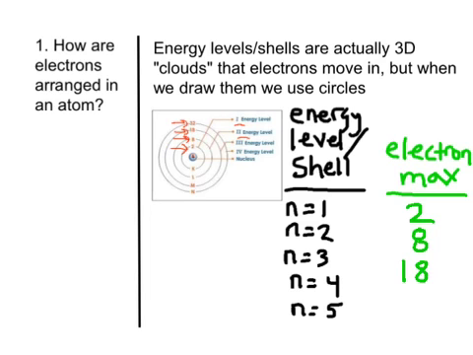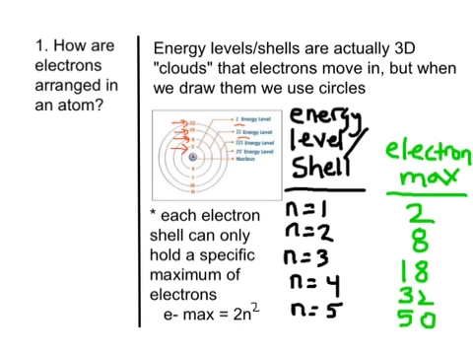And then the fourth can hold 32. And the fifth, or energy shell number 5, can hold up to 50 electrons. So we see as we get further and further away from the nucleus, the energy is going to increase, and the number of electrons that that energy level can hold is also going to increase.